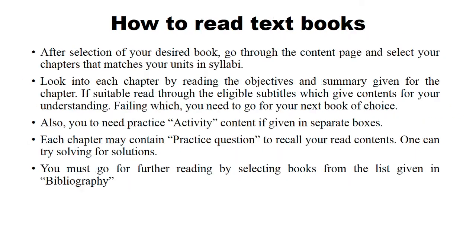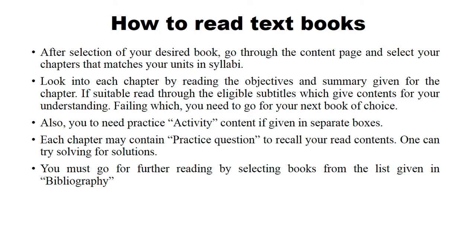After selection of a textbook, you have to directly go to the contents page and select your chapter that matches with your unit given in the syllabus. Look into each chapter by reading the objectives given at the front and then the summary at the last. With this you can understand how the chapter is actually written and whether the chapter is eligible or not.